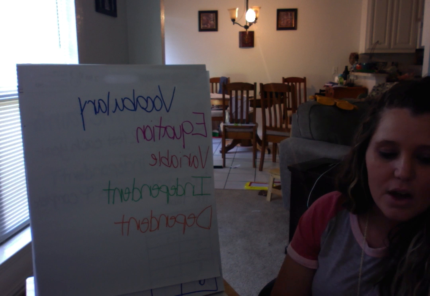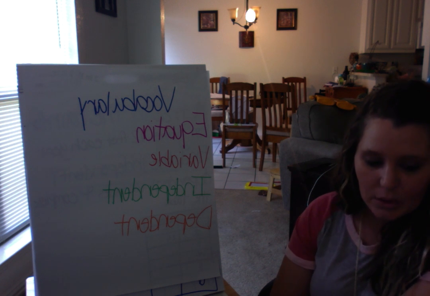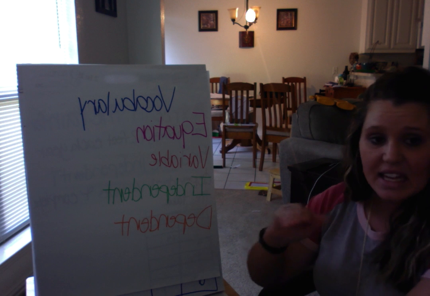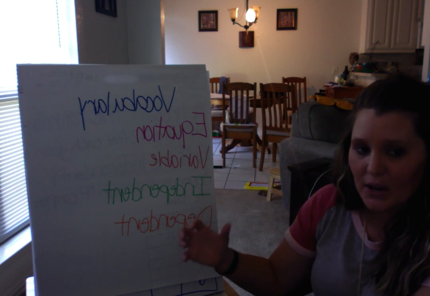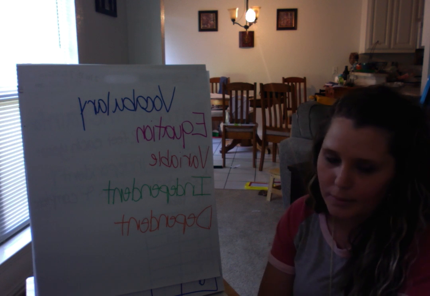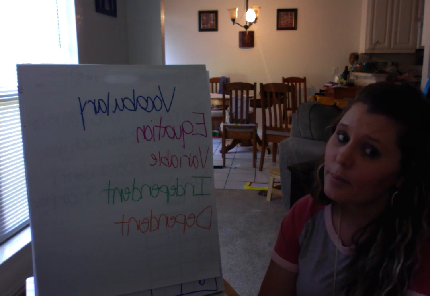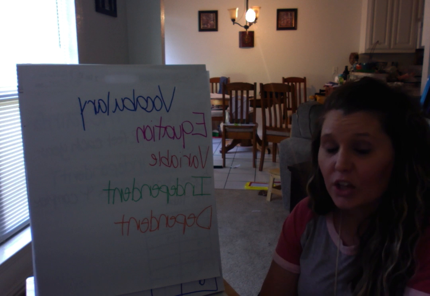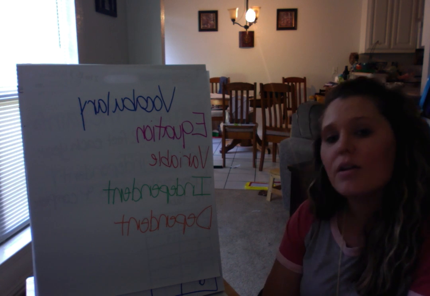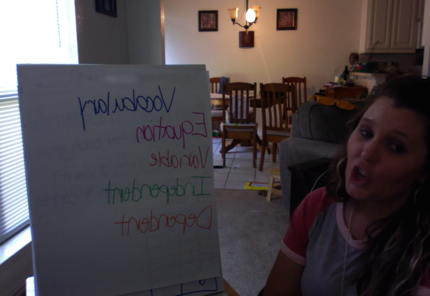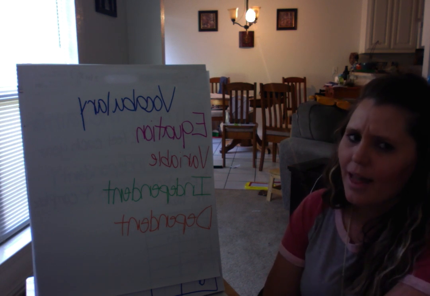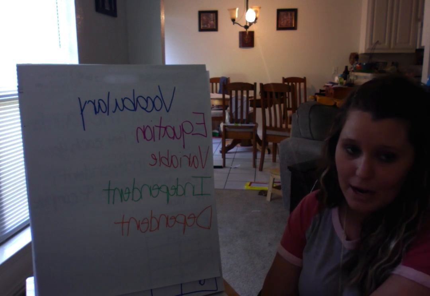It is what can stand alone. It is the cause. So independent can stand alone. It is the cause. And dependent needs a little bit of help, like all you guys. Pretty sure you don't clean your whole house and cook your meals and make sure that you get to where you need to be each and every day. That would probably be your parents.